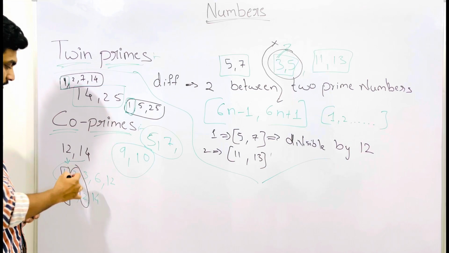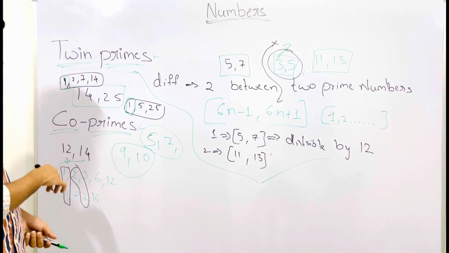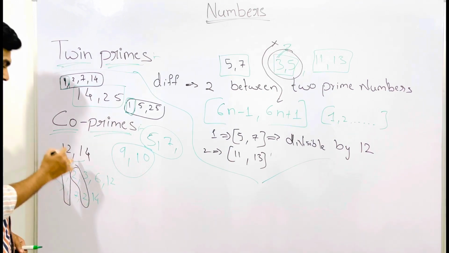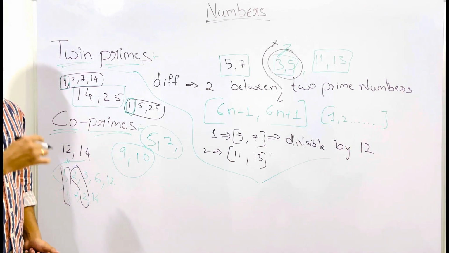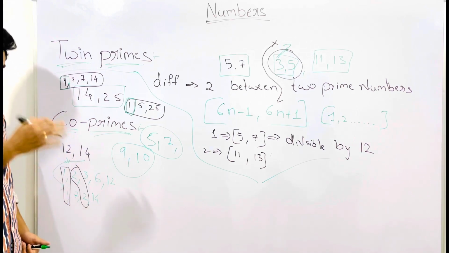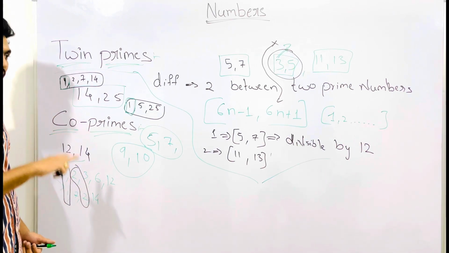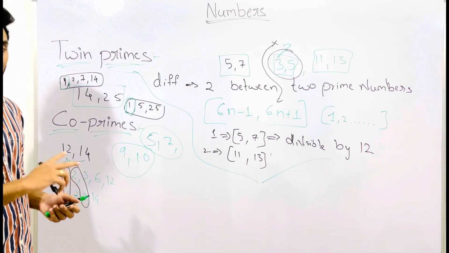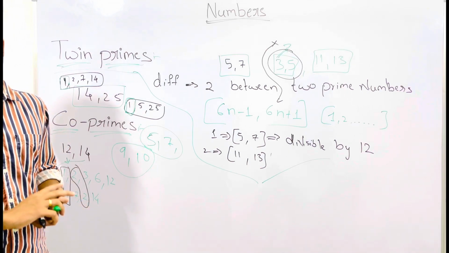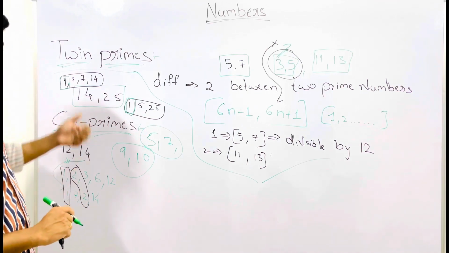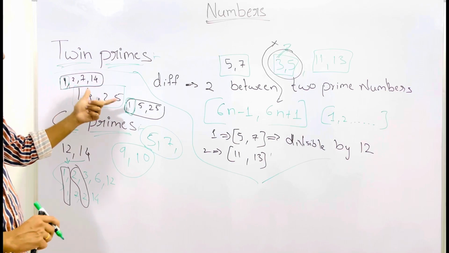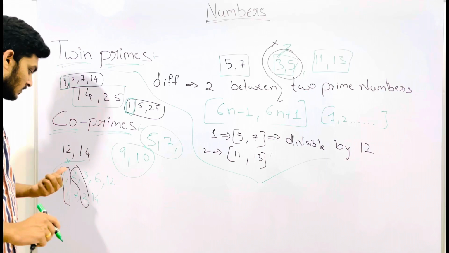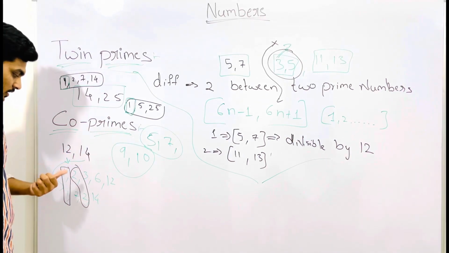In this example the highest common factor is 2, but for coprimes the highest common factor should be 1. So two numbers which have 1 as their highest common factor are coprimes. In the earlier cases the highest common factor is 1, whereas in this case it is 2.